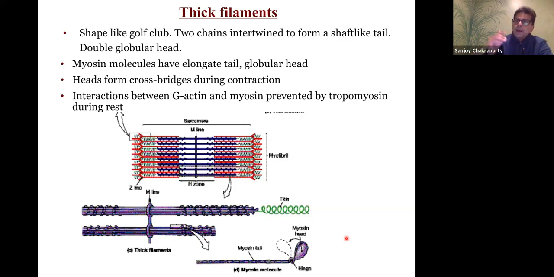Myosin heads bind to that active site, which is called cross-bridge formation, and then they perform power stroke, meaning they pull that towards the midline. So the whole thin filament comes towards the midline. So they basically go like this. That's called sliding filament, which eventually causes contraction.